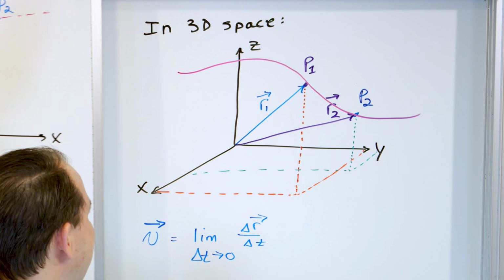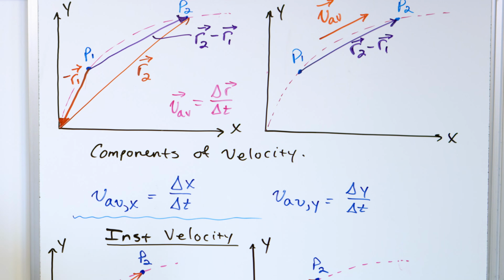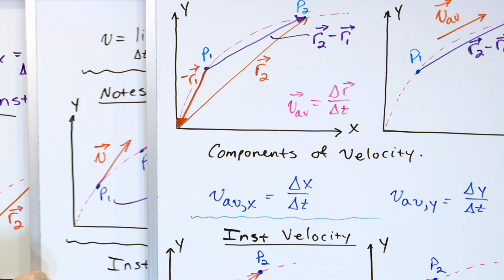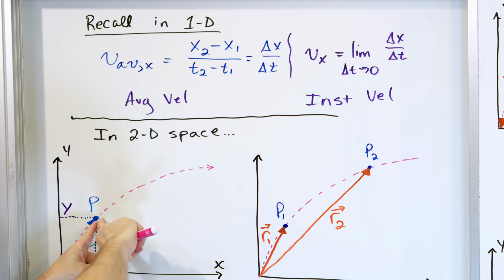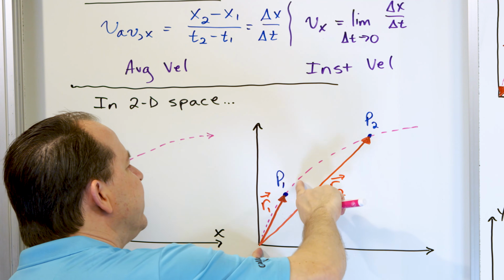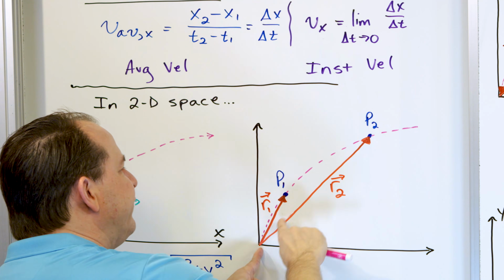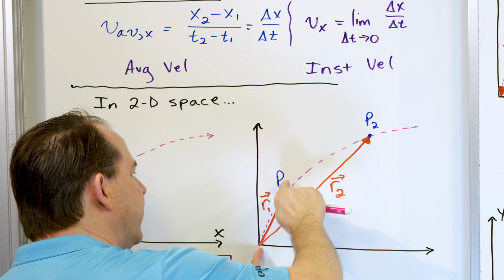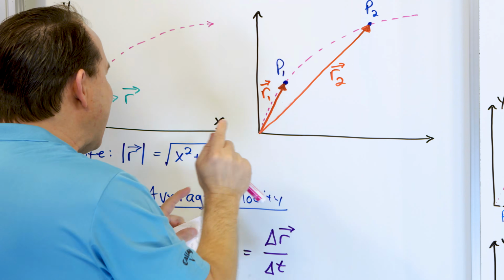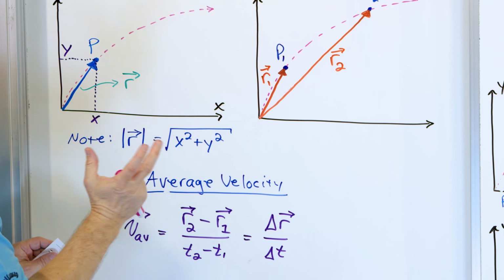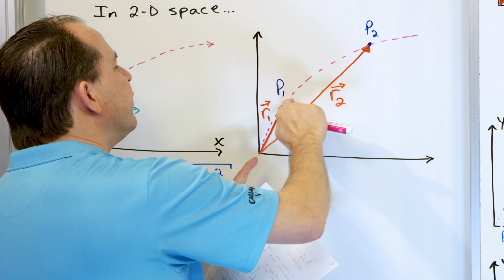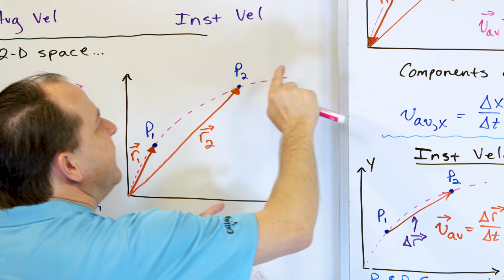And the key thing that I really wanted to get across in this lesson is how do you start in position number 1 right here, and then end up sometime later in position number 2 with these two different displacement vector position vectors? And how do you calculate this in such a way that makes sense? Why does the resultant vector start here and end here as we showed it here?